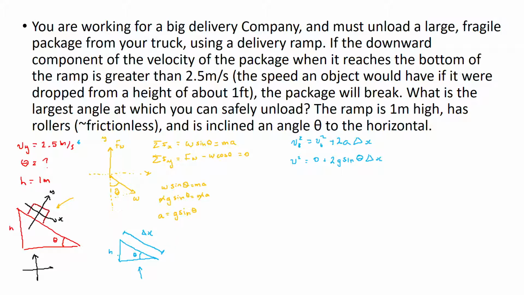We have the opposite side and the hypotenuse, so the sine of theta is h over delta x. Now h is equal to delta x times the sine of theta.